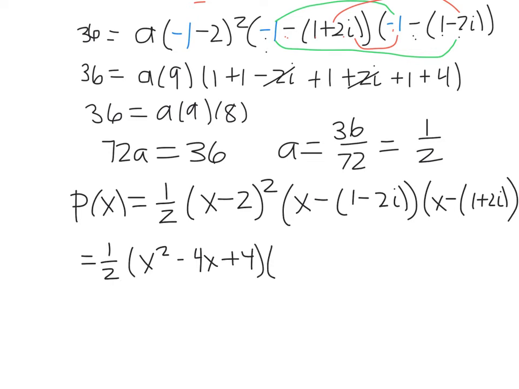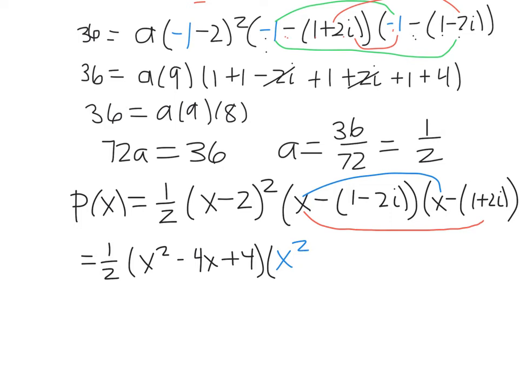Okay. Now let's multiply the other two together. So we'll start off by first times first, so that we get an x squared. And then we will multiply the outers together. So x times the negative 1 plus 2i.